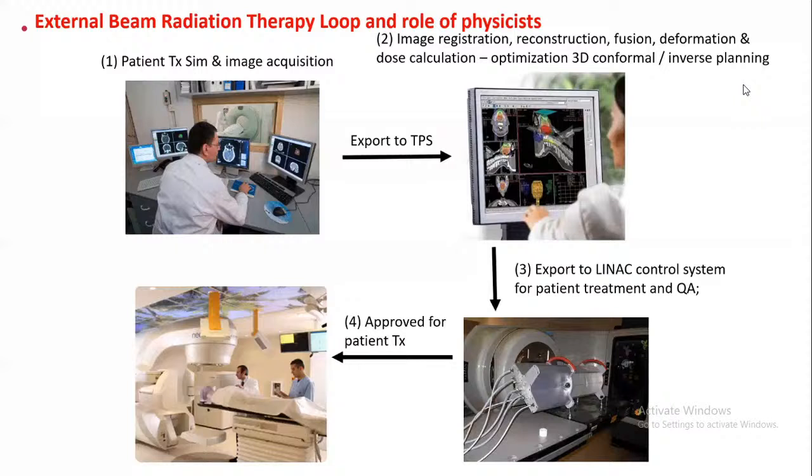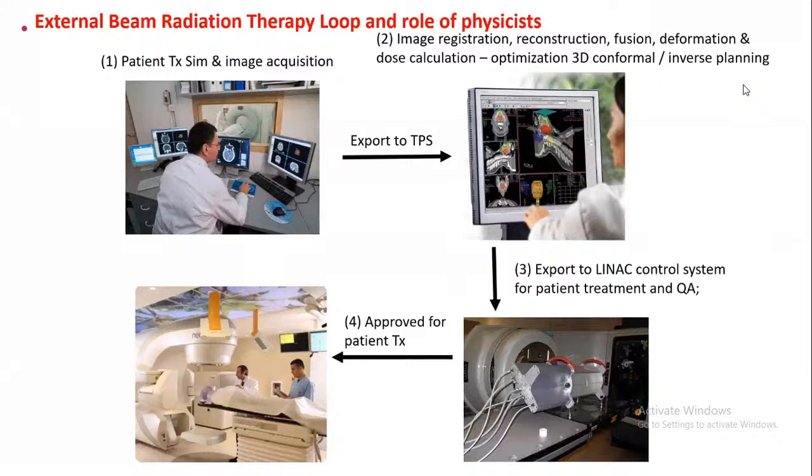From this step, typically a dosimetrist or a physicist adds a margin to the target, contours the normal organs, calculates the dose, and optimizes the plan. The optimization process includes conforming and maximizing the dose coverage to a specific target and minimizing the exposure to the normal tissue and organs.